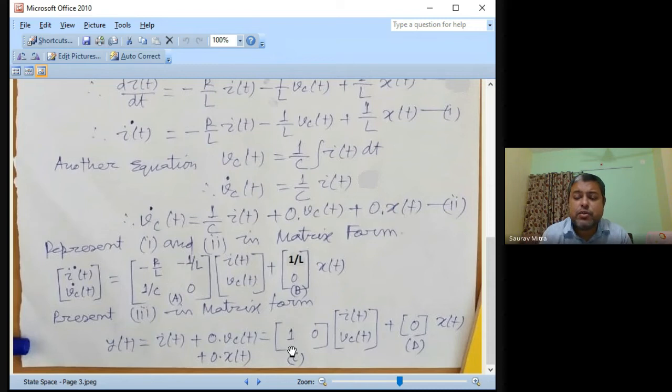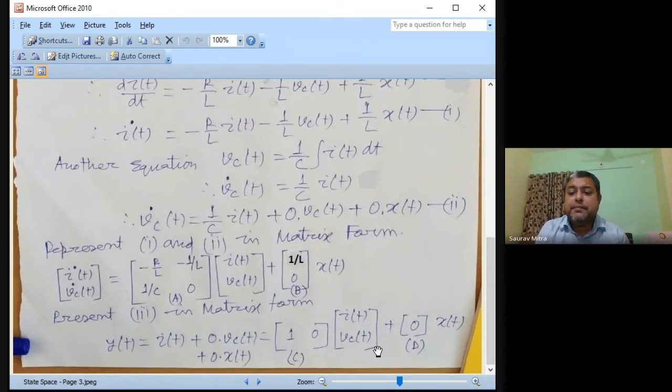In this case, I have told you there is only one output variable. That's why this is 1 cross 2. And what is 2? 2 is the number of state variables. That means one output is relating two state variables. That's why the C matrix is 1 cross 2. And what is the D matrix? The D matrix is 1 cross 1 because there is one input and one output. So this is the first numerical, which is very easily explained.